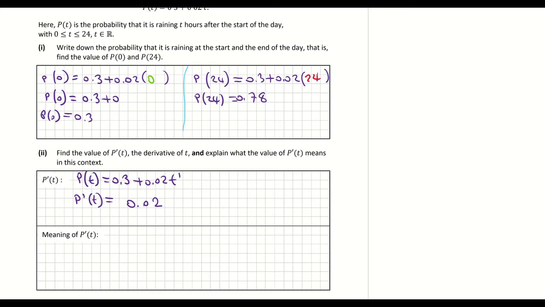And what does this mean? Well, the probability that it's raining in the town is increasing at this rate per hour.